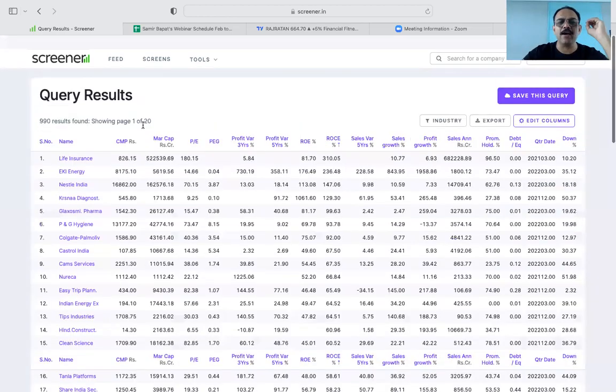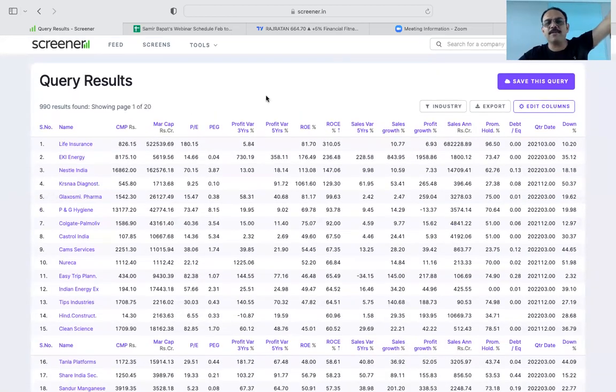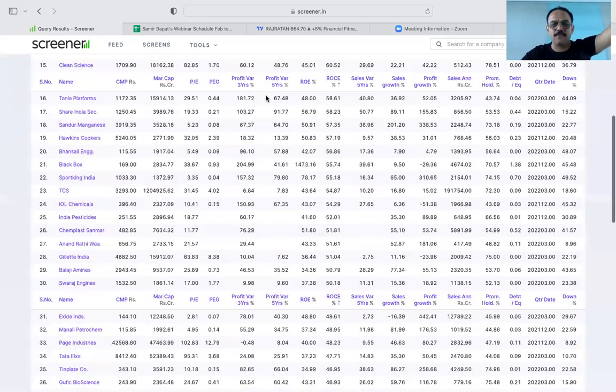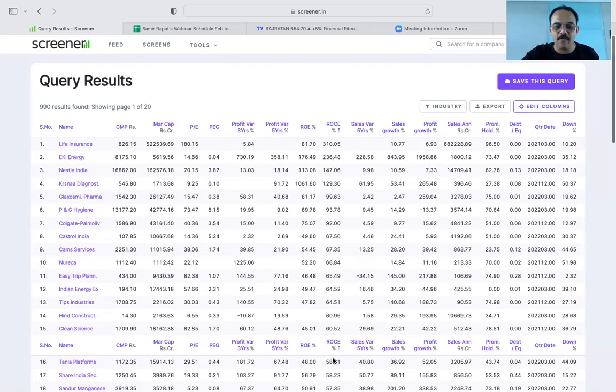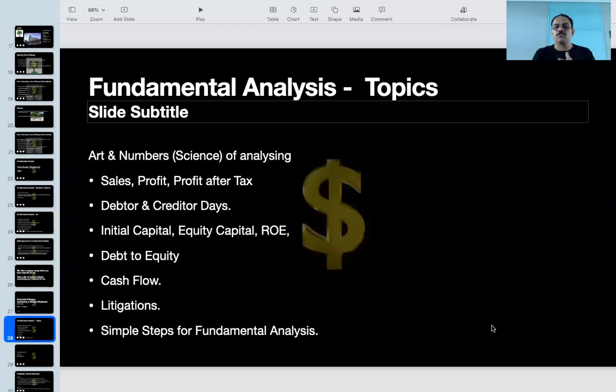So we have already removed 3,000 companies almost from our list to analyze. Okay. So with one stroke of search engine, we have done that. So now we know we have to find some decent companies out of 900 companies.